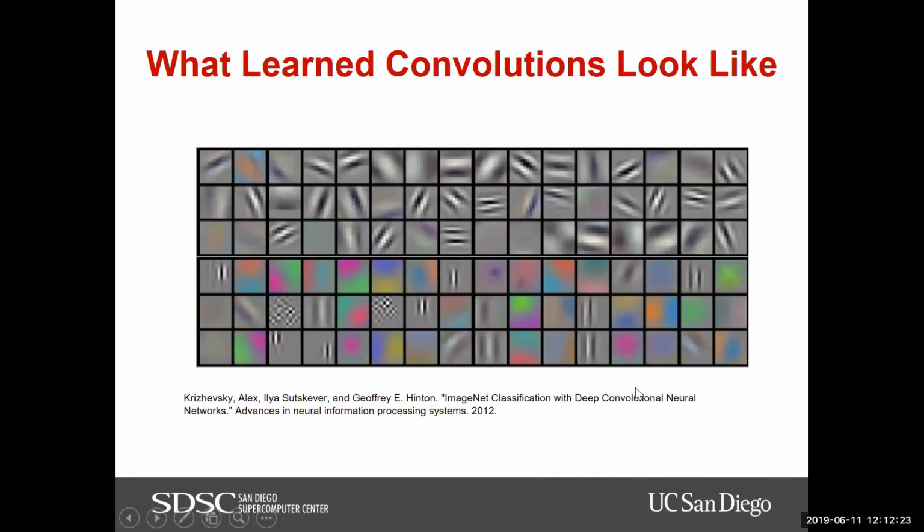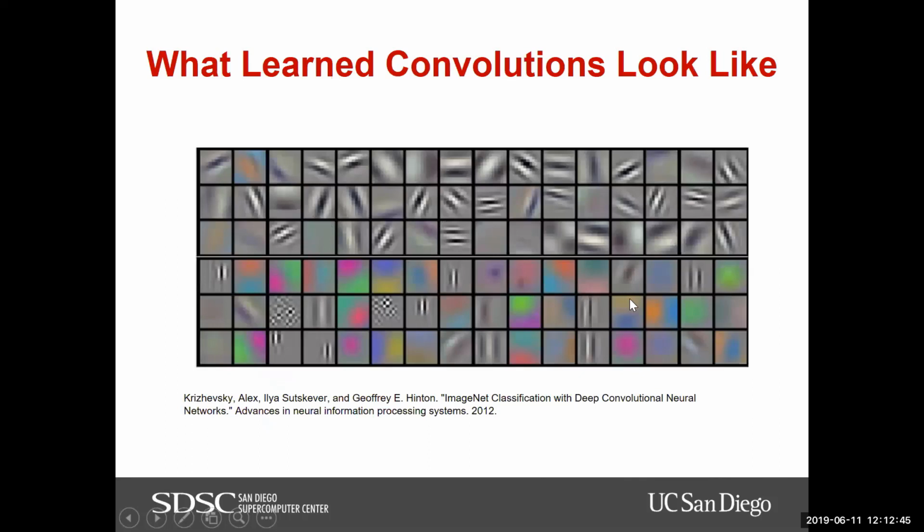All right. So when you run something like this and you look at the filters, you get these kinds of pictures. You see a lot of filters here that are looking for edges in certain directions, maybe combinations of colors.